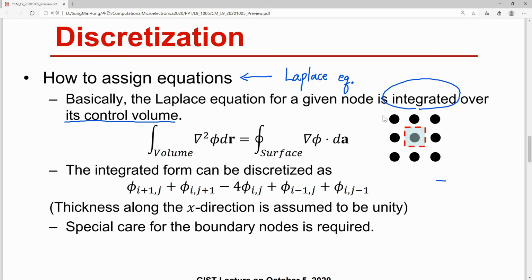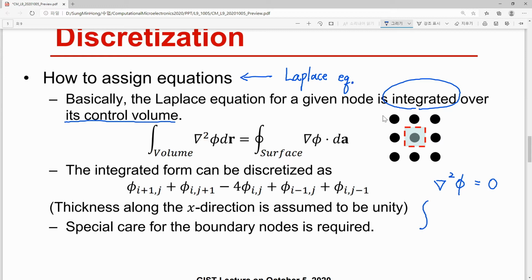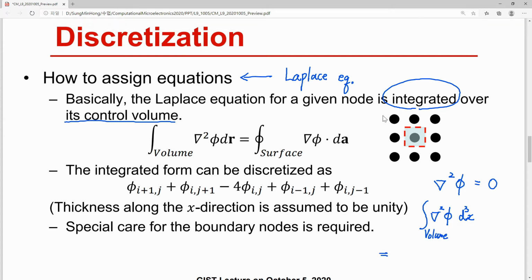Let me do it together with you. So we have Laplacian of phi equal to 0, and when we make a volume integral of this Laplacian of phi over certain volume, by the divergence theorem, we can easily say this becomes a surface integral, a dot product between gradient of phi and infinitesimal area component.